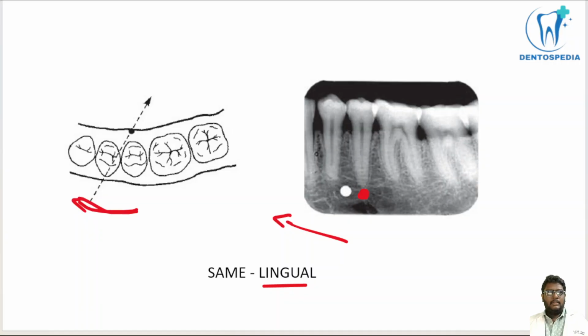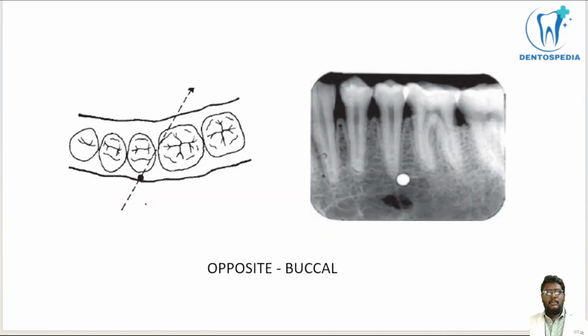If the tube is moved in one direction and the pathology is moving in another direction, here is the initial position of the pathology on the apical side of the tooth. Here the pathology is moving in the opposite direction to the tube shift direction.